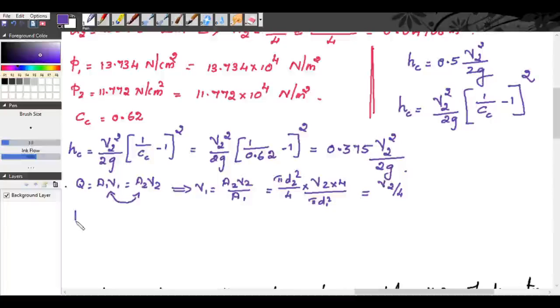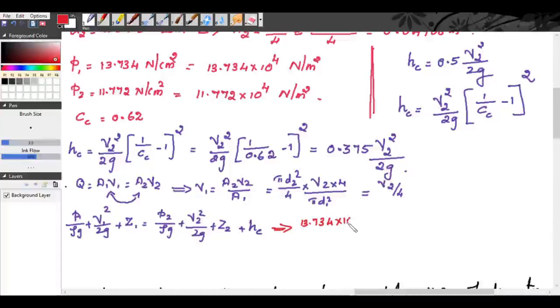Now, we can apply Bernoulli's equation. Bernoulli's equation, we know: P1 by rho g plus V1 square by 2g plus Z1 is equal to P2 by rho g plus V2 square by 2g plus Z2 plus the losses. Here the losses are due to contraction. P1 is given as 13.734 into 10 to the power of 4 divided by rho, which is 1000, into g, 9.81.